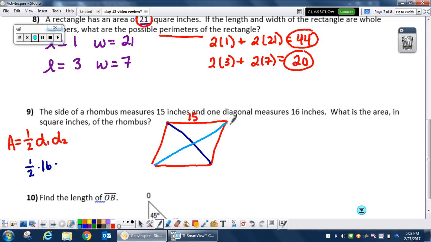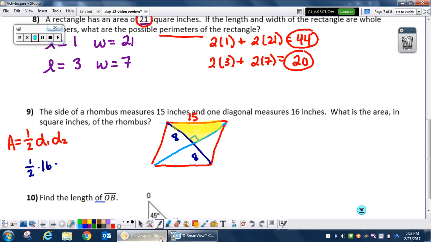The great thing about these diagonals is they split in half, so that 16 now becomes an 8, and they intersect at a right angle. So what that shows us, bada bing, bada boom, all comes down to the Pythagorean theorem.